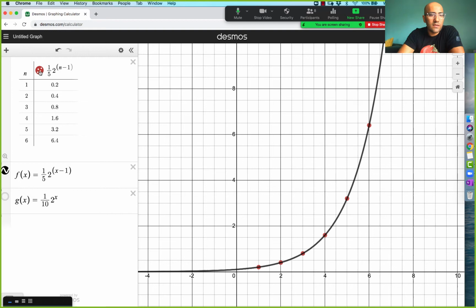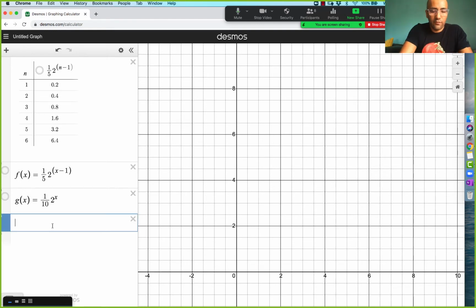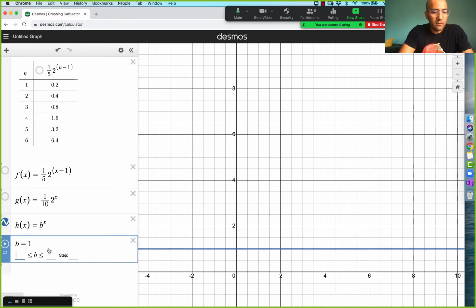Just the general form of any exponential function: if we have h of x equals b to the x power, where b is a slider, let's make b range from 0 through 10 by 0.1.